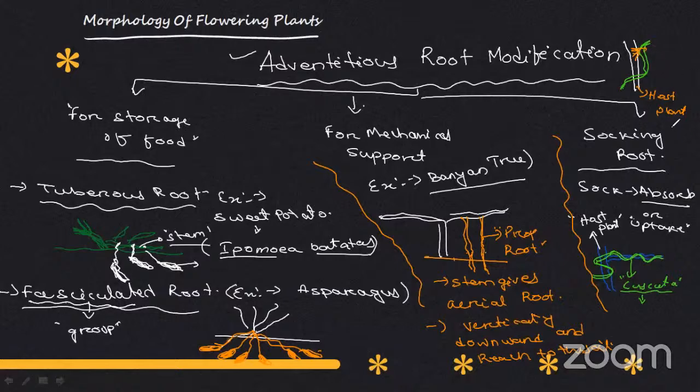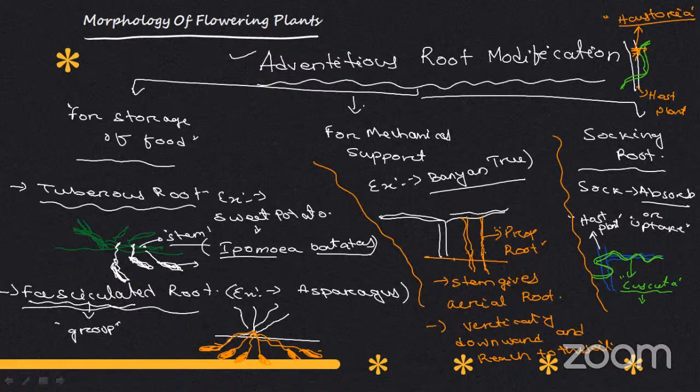This kind of root arising from the stem of the Cuscuta plant and helping in the uptake of nutrition is called your haustoria. So it helps the Cuscuta plant to take up nutrition as well as water from the host plant. That is called your sucking root, or haustoria.